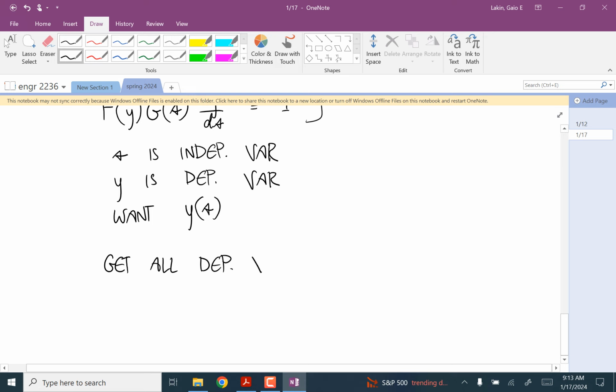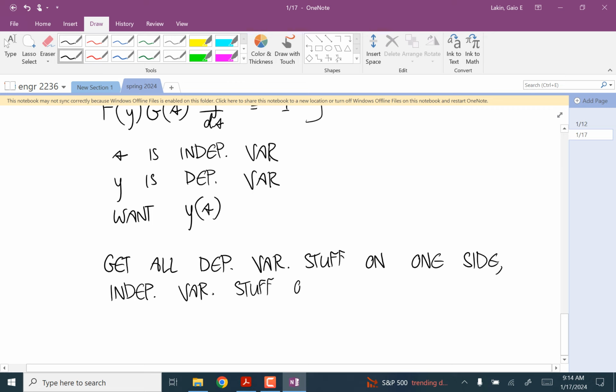Let's say get all the dependent variable stuff on one side, get all the independent variable stuff on the other side.